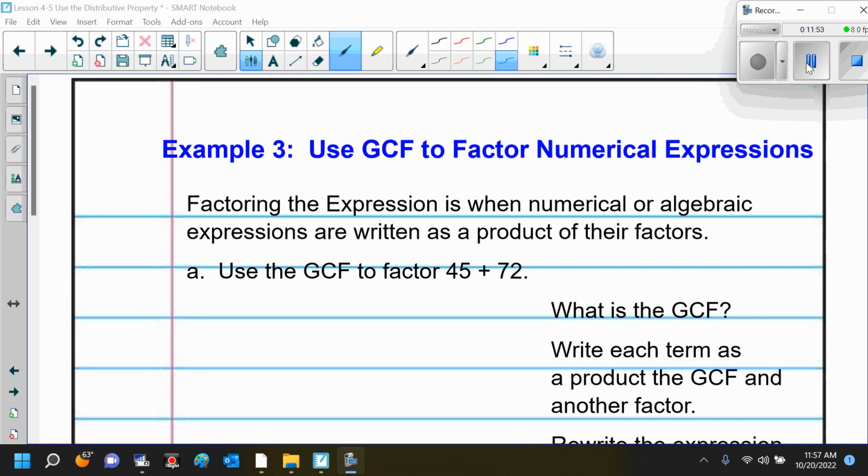What's the opposite of multiplication? Division. So when we are factoring, we are dividing. Okay. Factoring means to divide out the GCF. So here, divide out the GCF.